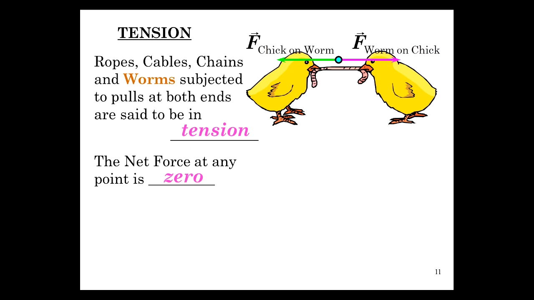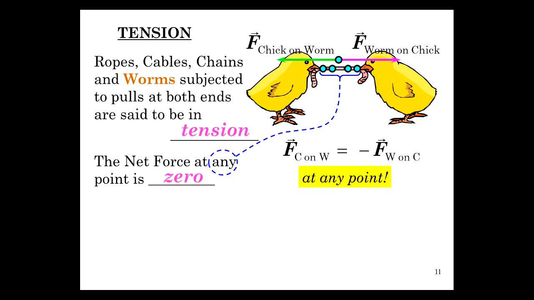Now the net force is 0 everywhere, and you can see that because of acceleration. So take any point along there, anywhere, and there's a potential infinite number of little cross sections that you could do this analysis on. The force of the chick on the worm equals negative force of worm on chick at any point. So here we have a rope, and in general, pick a point.